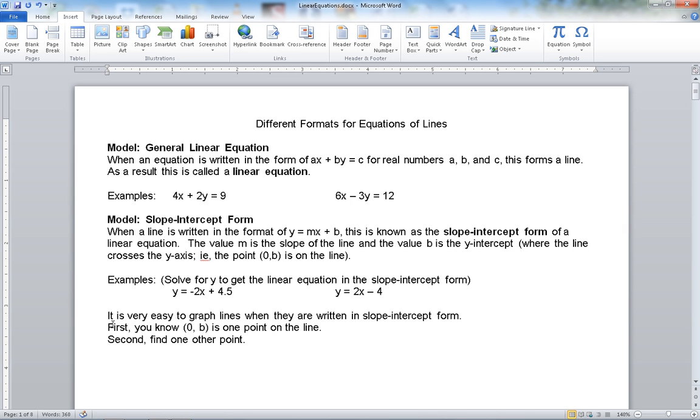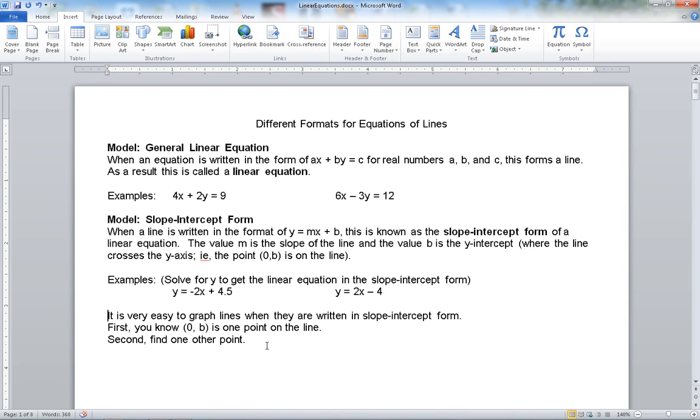It is very easy to graph lines when they're written in slope-intercept form. First, you know one of the points on the line is x equal to 0 and y equal to the intercept, and that would be the number sitting by itself, not the one multiplied by x.